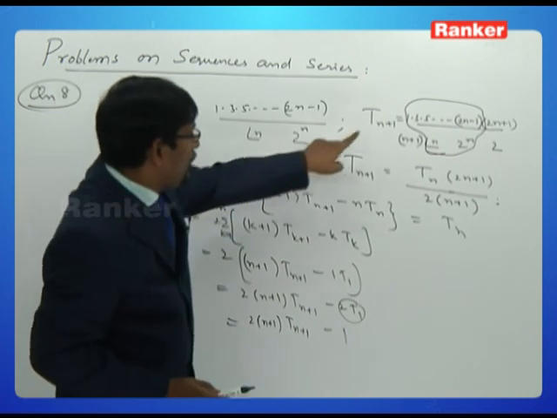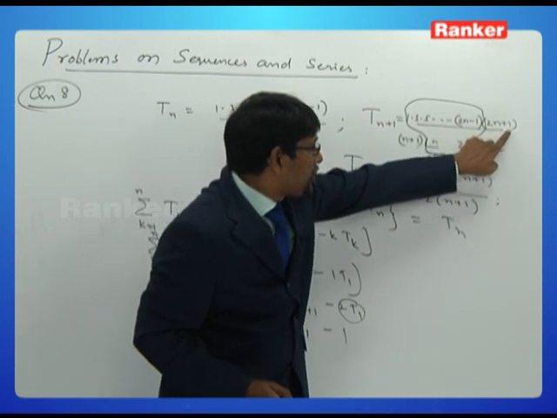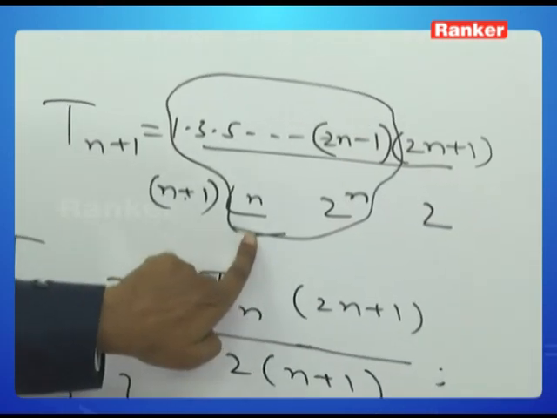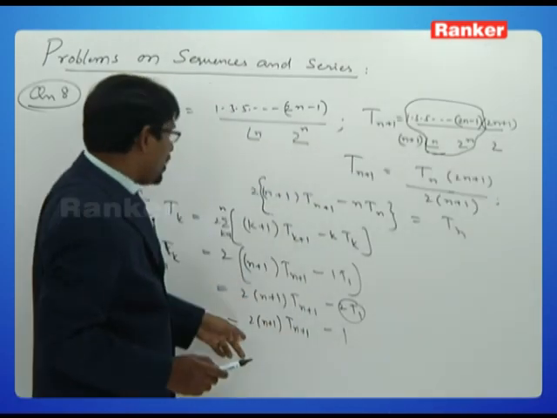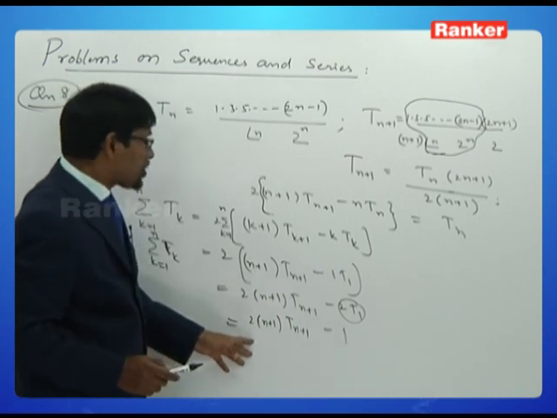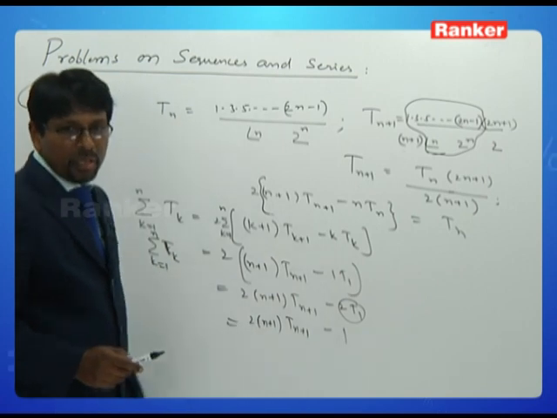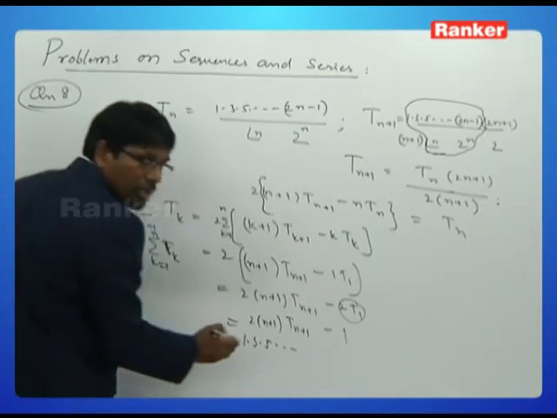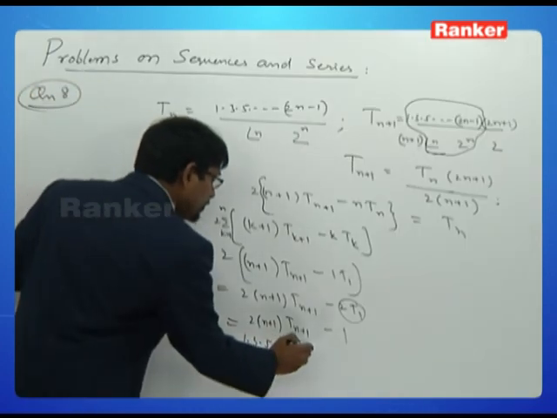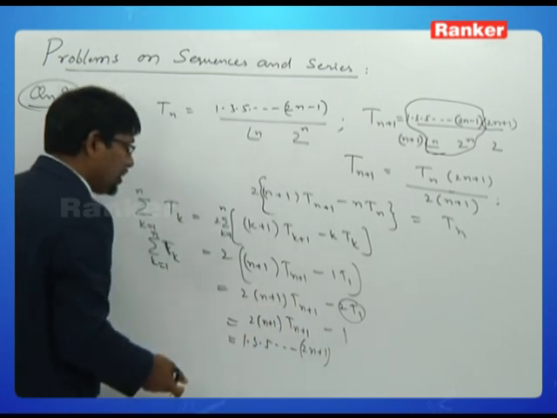Okay, now what is tn plus 1? Tn plus 1 is 1 into 3 into 5 and so on up to 2n minus 1 into 2n plus 1, by n plus 1 factorial into 2 power n plus 1. So observe that we can rewrite this when you multiply by 2n plus 2 here. 2n plus 2 into tn plus 1 minus 1 will turn out to be 1 into 3 into 5 so on up to 2n plus 1, because this n plus 1 into 2 will cancel with that term there.